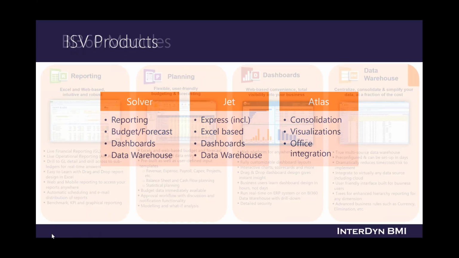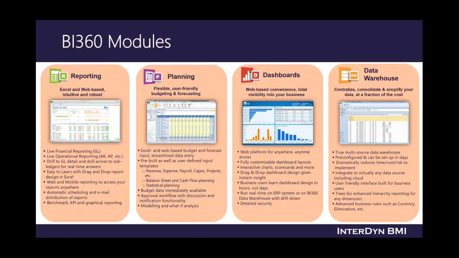With BI 360, we have worked with the Solver team for many years, and they have multiple products available that cover a lot of that spectrum of business intelligence that I was showing you earlier within the presentation. They do have Excel-based, web-based reporting that can be live right into your financial reporting information.